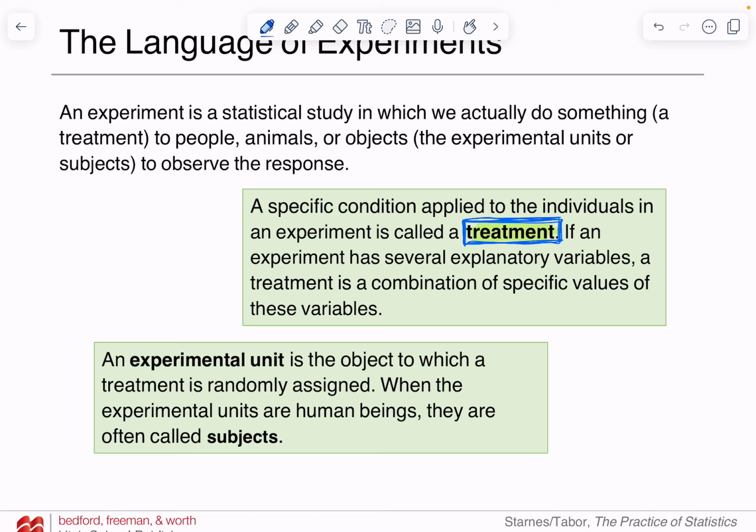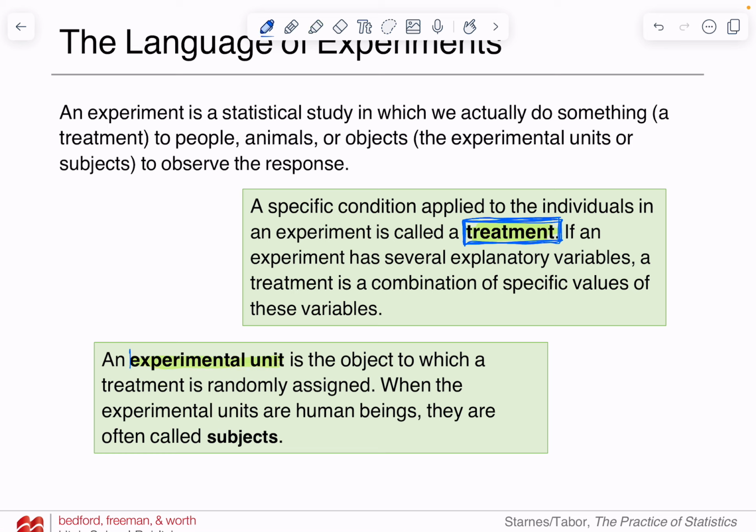All right, an experimental unit is the object to which the treatment is assigned. So like each person that is wearing a different outfit, okay, that I'm making them wear different clothes, that would be an experimental unit. If it's a person, we usually call them subjects. Okay, we don't call people experimental units. It just sounds kind of mean.